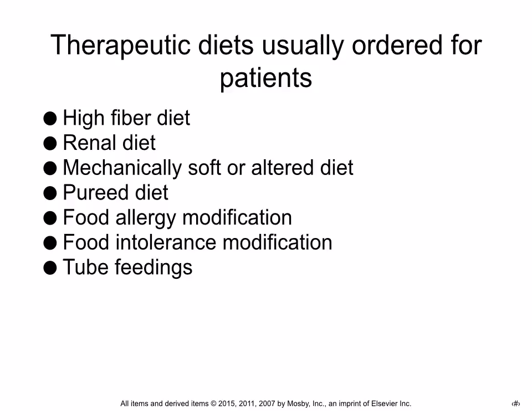And also in Kaiser, they have more stroke patients because I think it has become certified as a comprehensive stroke center also. So more stroke patients you can see in Kaiser Redwood City. Now, almost all of these patients, if they have some swallowing difficulty, are ordered a mechanically altered or soft diet.